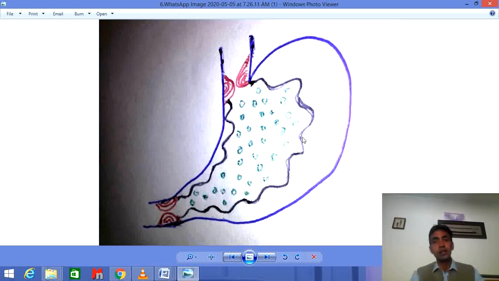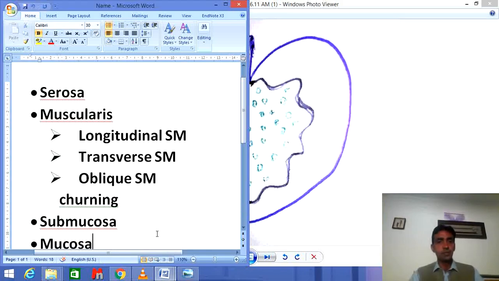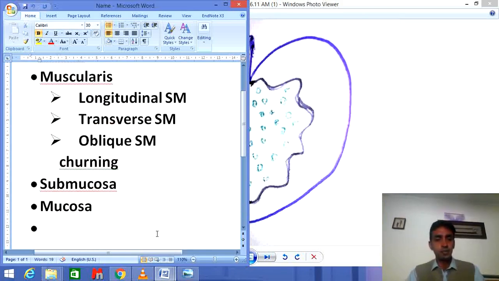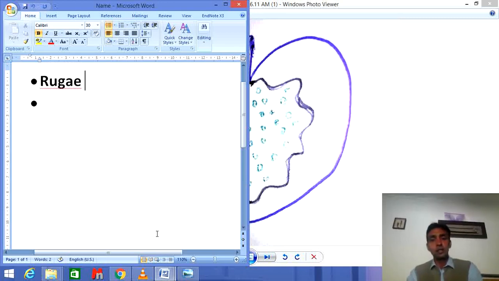The mucosal layer surface is wrinkled, not smooth. Rugae is actually the wrinkled surface.